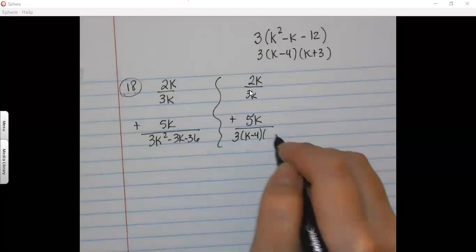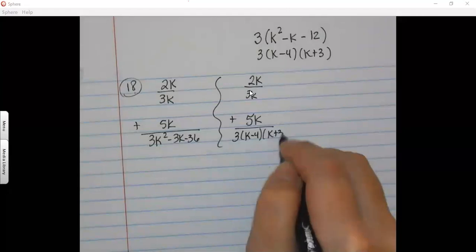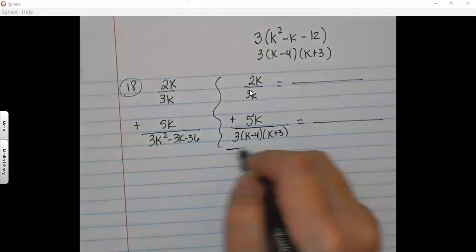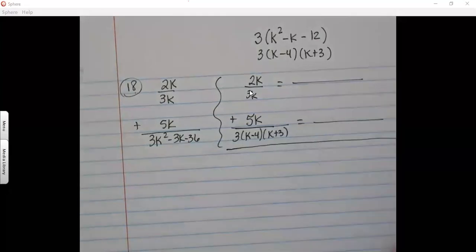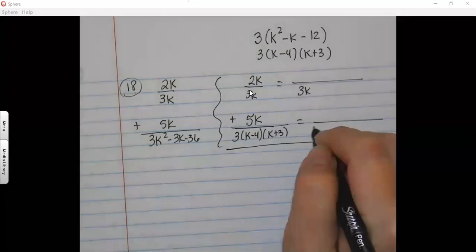Okay, so just the monomial part of your LCD is going to be what? My monomials are 3k and 3. Just 3k. And then I'm going to need a k minus 4 and a k plus 3, right?